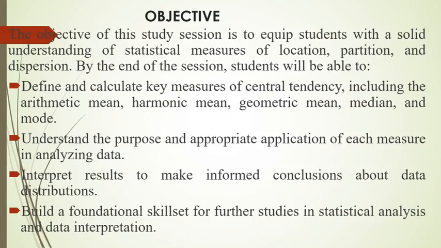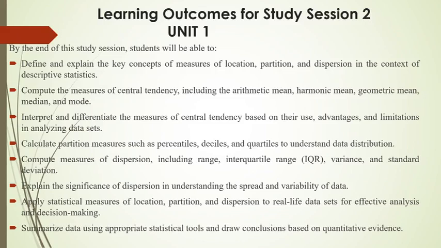Understand the purpose and appropriate application of each measure in analyzing data. Interpret results to make informed conclusions about data distribution and build a foundational skill set for further studies in statistical analysis and interpretation.